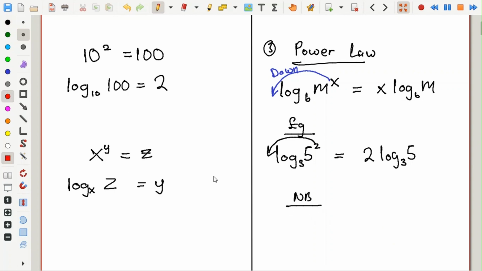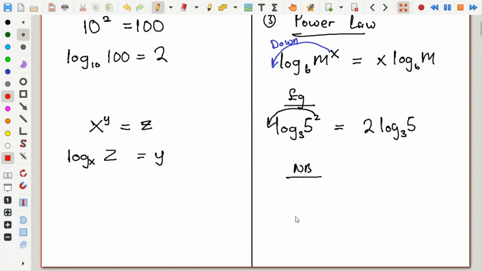Let me make a quick disclaimer that log this one is not the same as this.